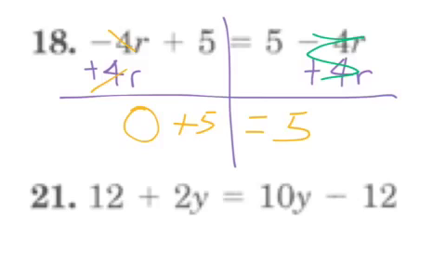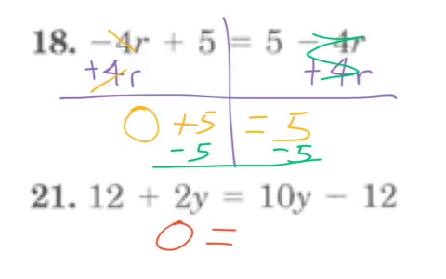Now the next step is to get this 5 over to the right-hand side. And what you get then is another kind of curious result saying 0 equal 0. Well, that's true. 0 does equal 0.